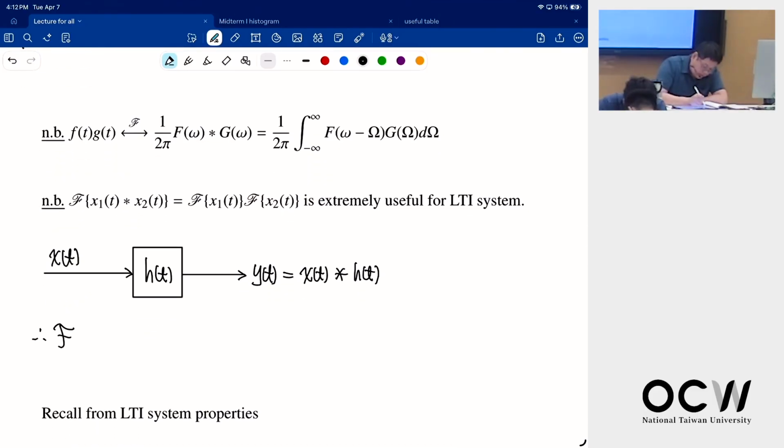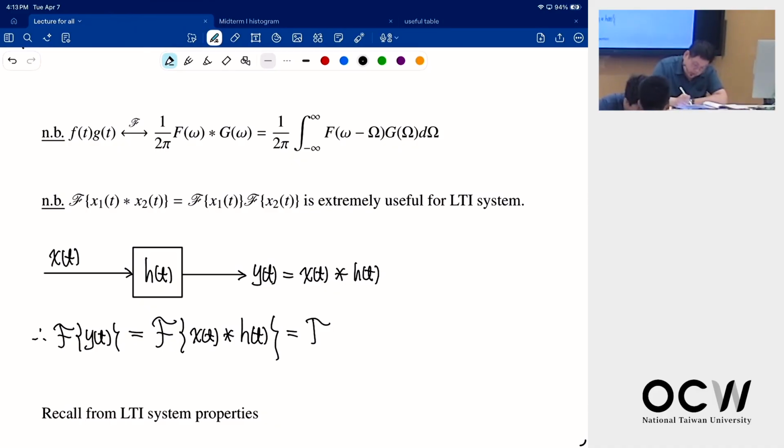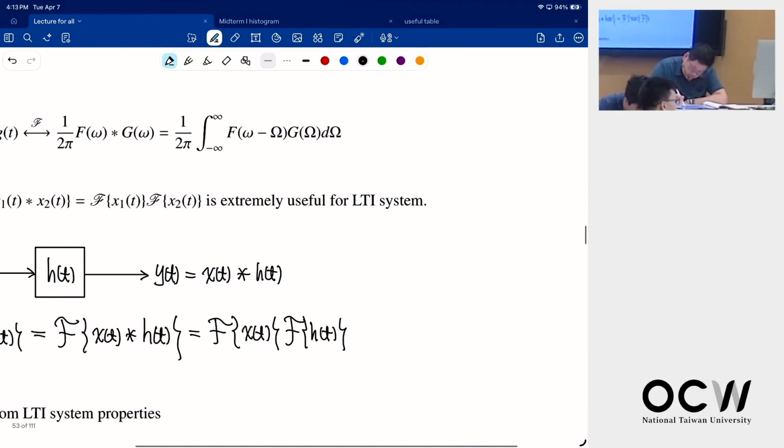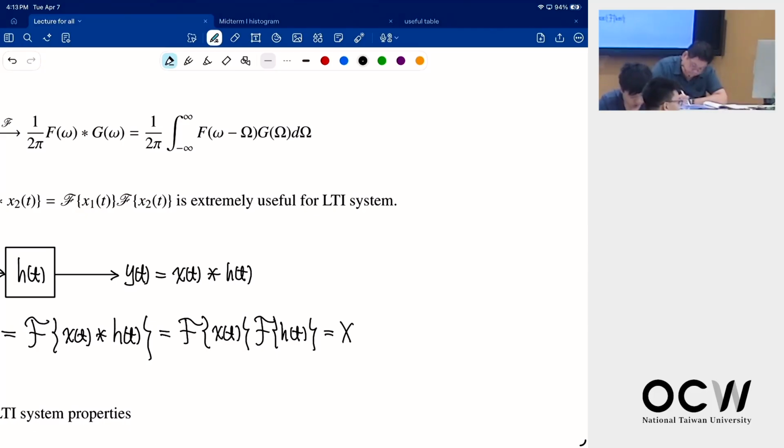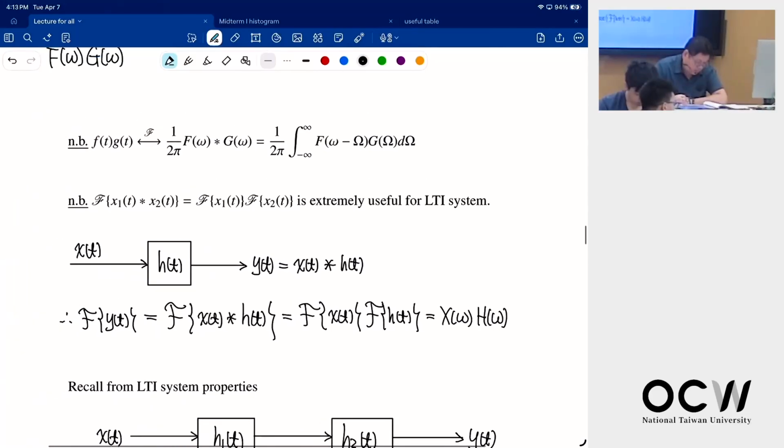So if I want to find the Fourier transform of the output, then that's the Fourier transform of the input convolved with the system h(t). So actually they can do the multiplication. And then you can get your output in time domain by taking the inverse Fourier transform.